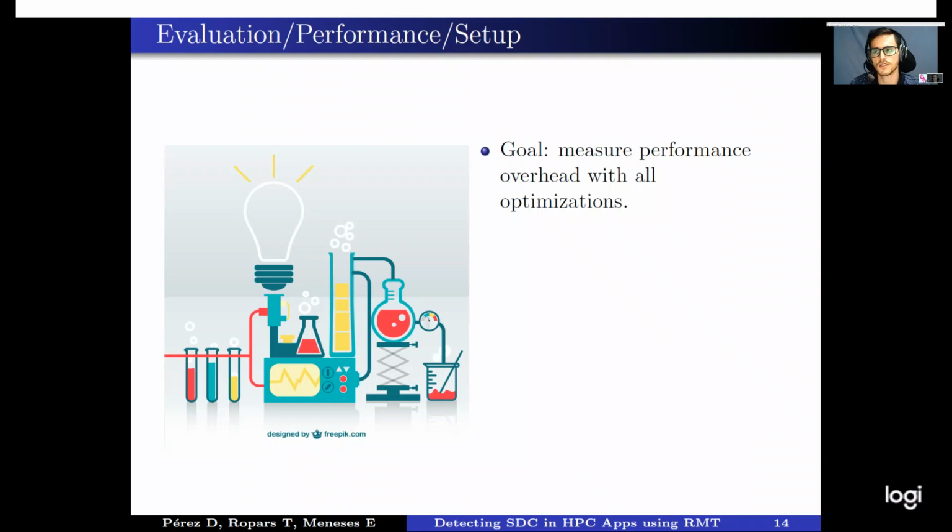The first experiment, the goal is to measure the performance overhead of all these approaches: the vanilla, the aggregation, and the selective checking. For that, we chose two HPC applications that are representative of what the HPC community is doing. The first one is called CoMD, which is a molecular dynamics simulation, and the other one is called HPCCG, which is a conjugate gradient.